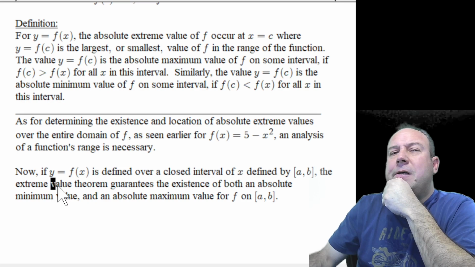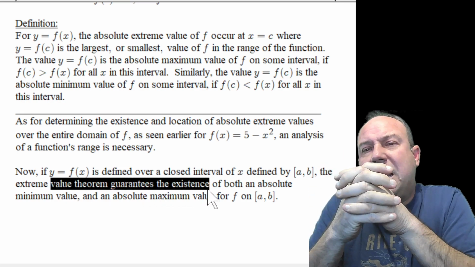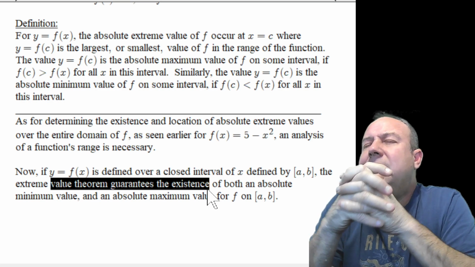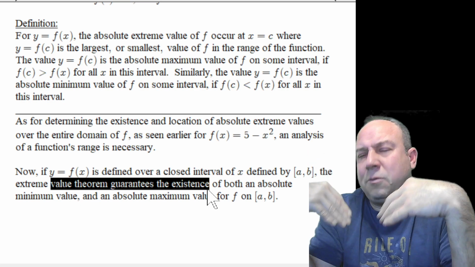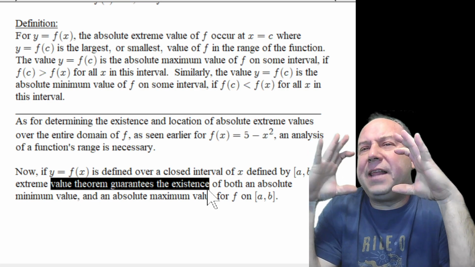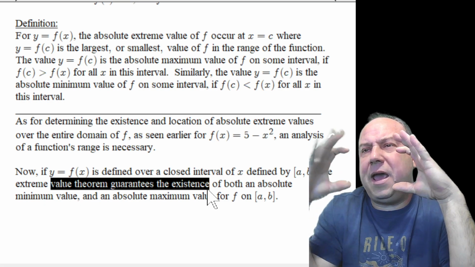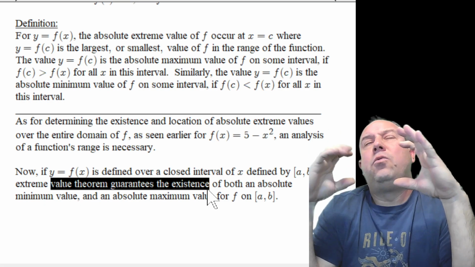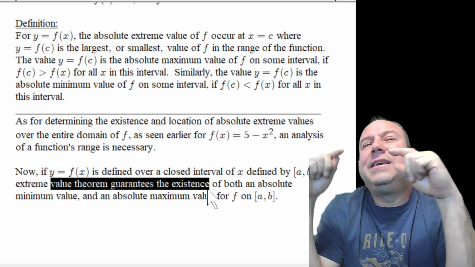The extreme value theorem, there's going to be a follow-up theorem here that actually guarantees that we will have both an absolute maximum and an absolute minimum value on that closed interval. From a to b, we will have an absolute extreme value.